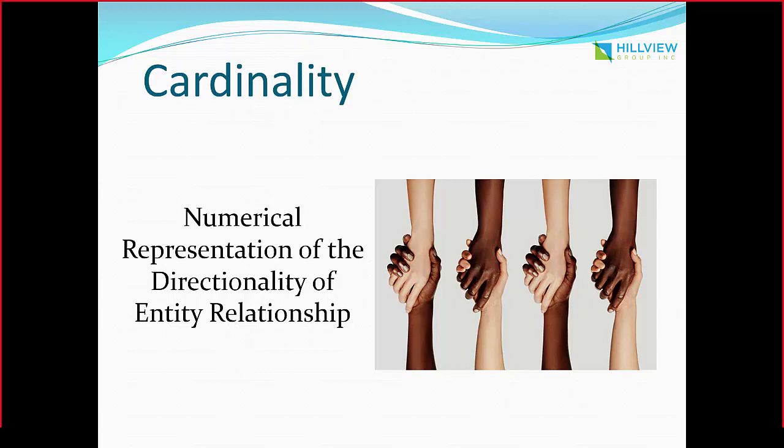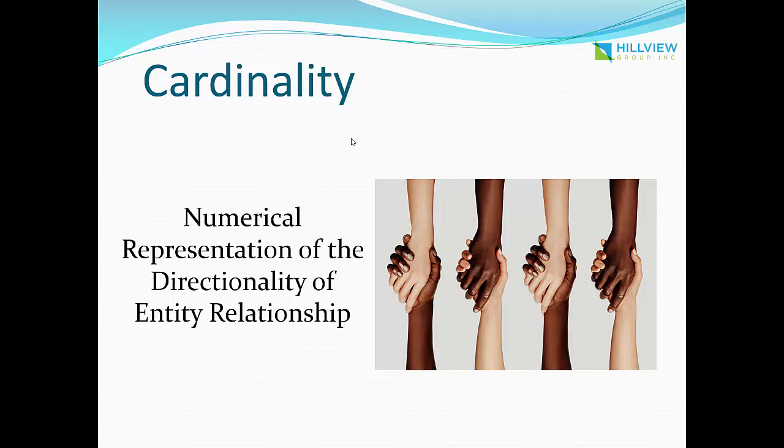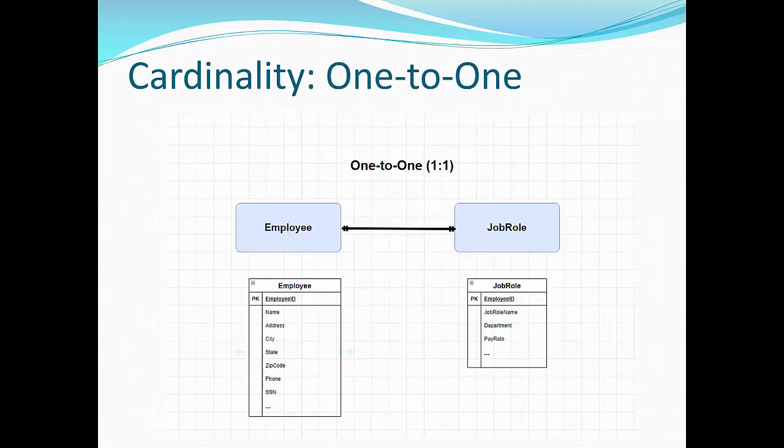So we talked about the degrees of cardinality yesterday. We talked about the one-to-one, the one-to-many, and the many-to-many, and we will just briefly go over it again today and see how we can put in more context so that we can understand exactly what we're talking about.